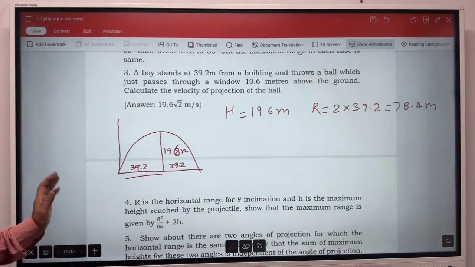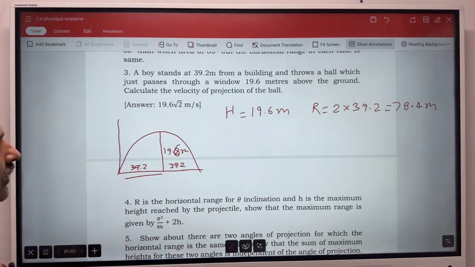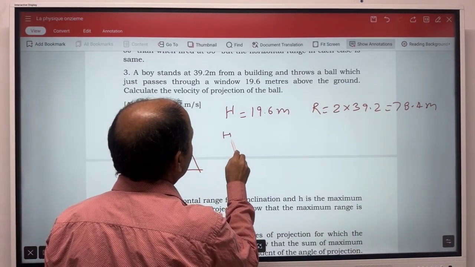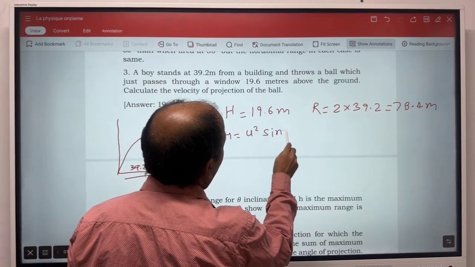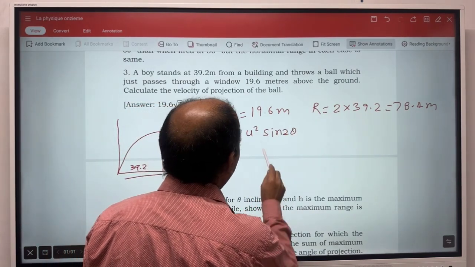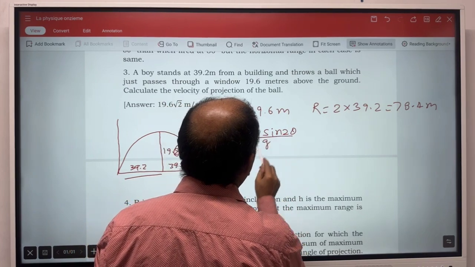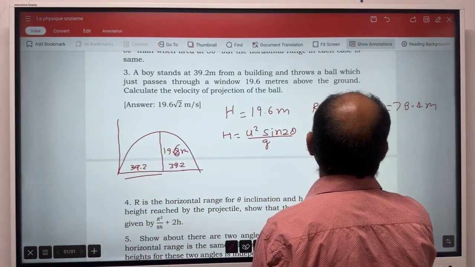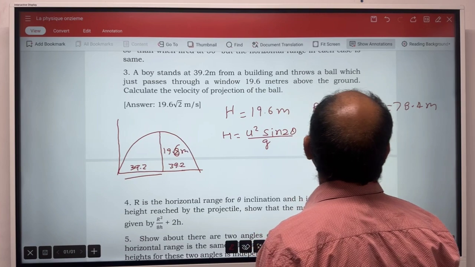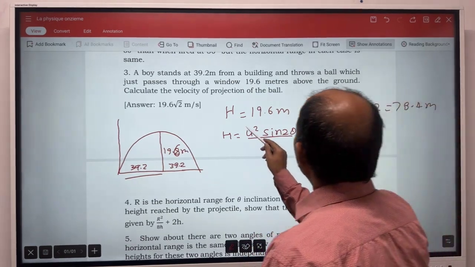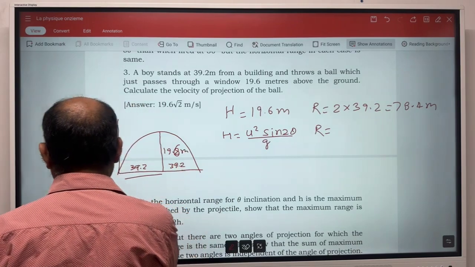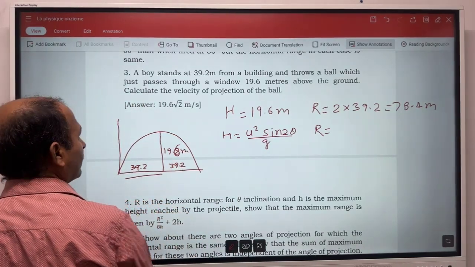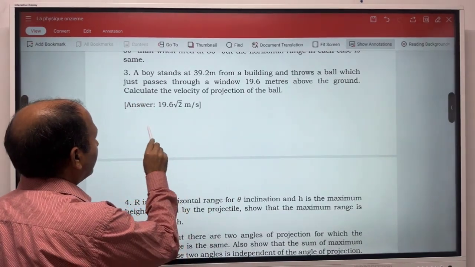We have to find out the velocity. So let's apply the formula.